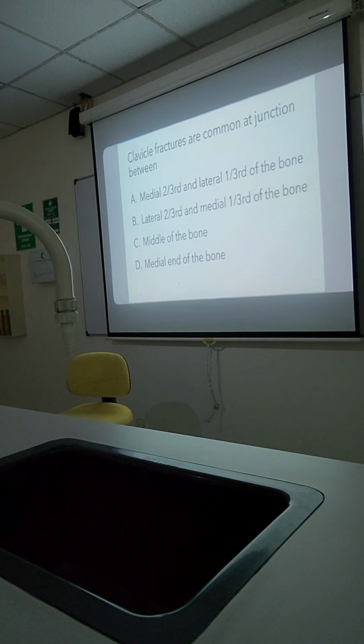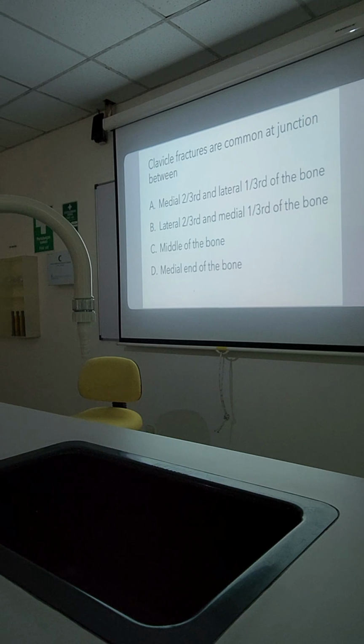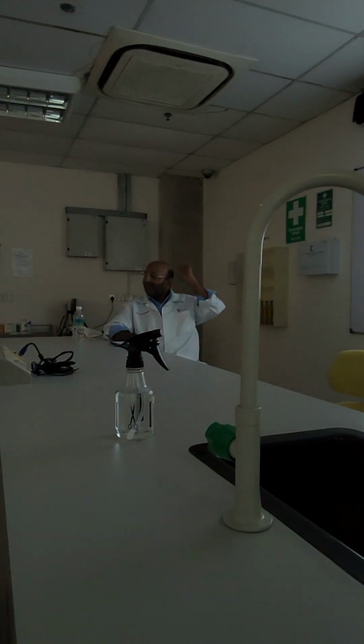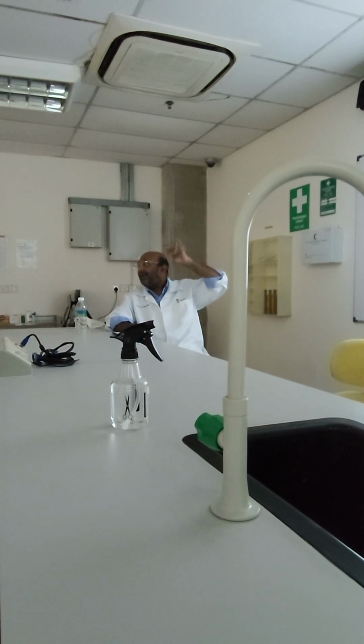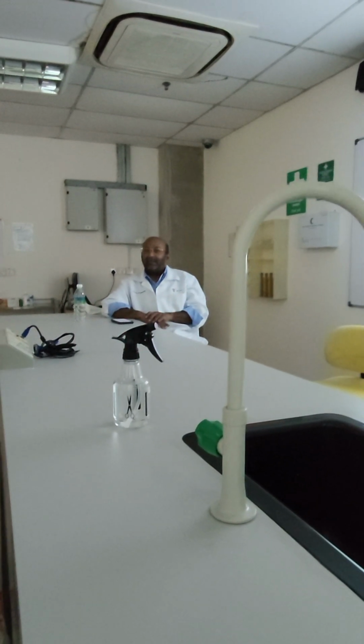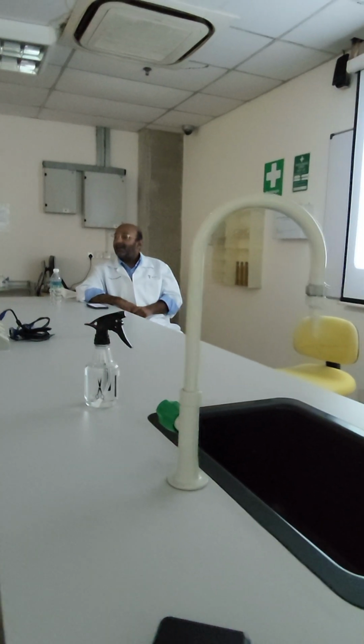What are the two types of ossification you know? Endochondral ossification and intramembranous ossification. The clavicle is the only long bone that ossifies by membranous ossification. All other long bones ossify by endochondral ossification.